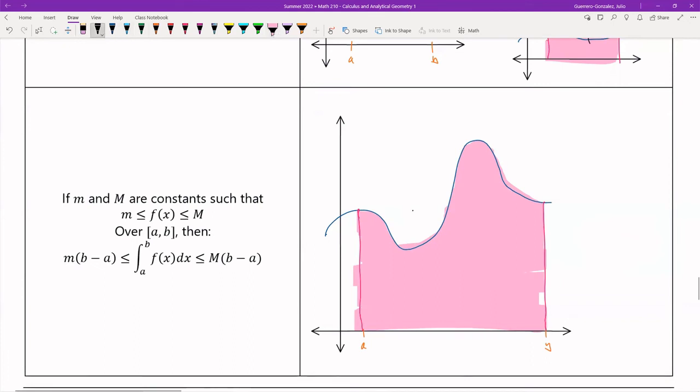So this little bit right here, I'm going to write it over here. This is the integral from a to b of f of x dx. Let's say we're looking at that thing.